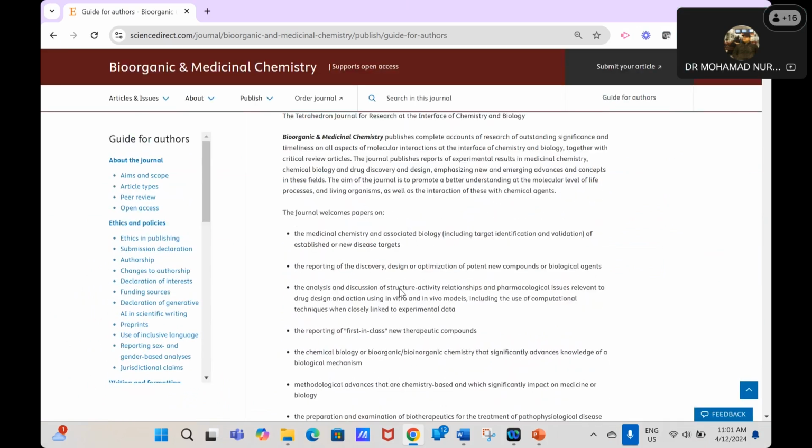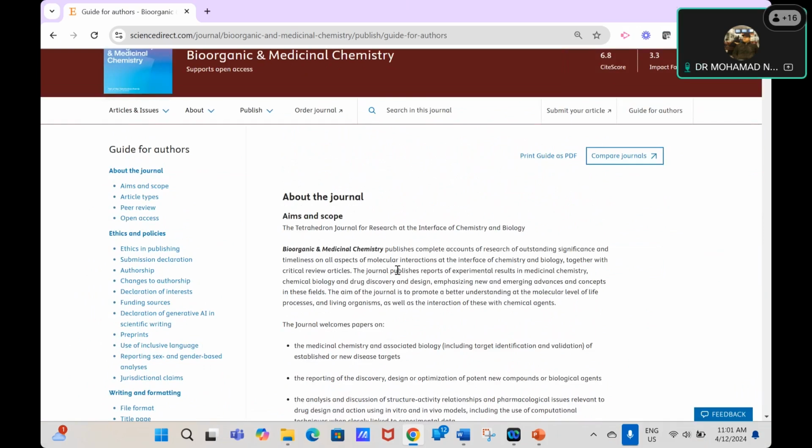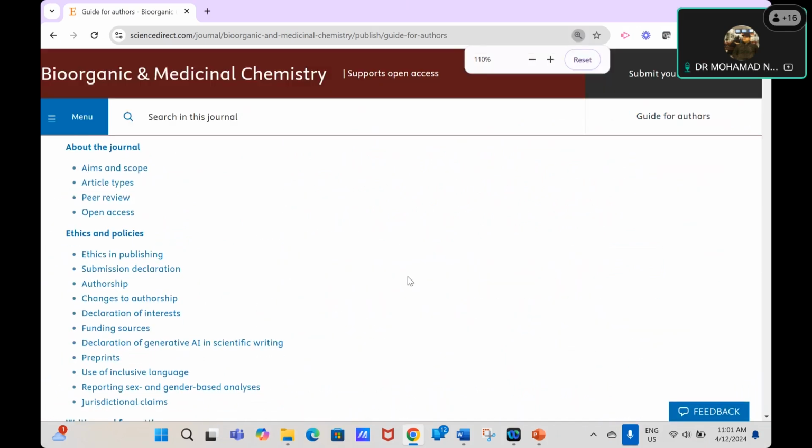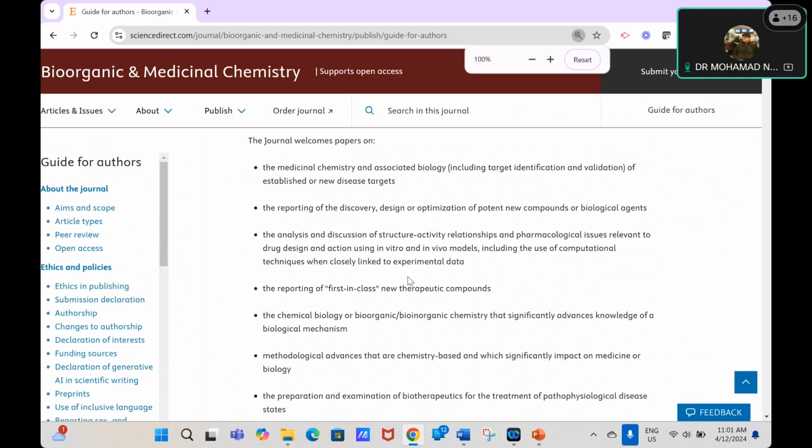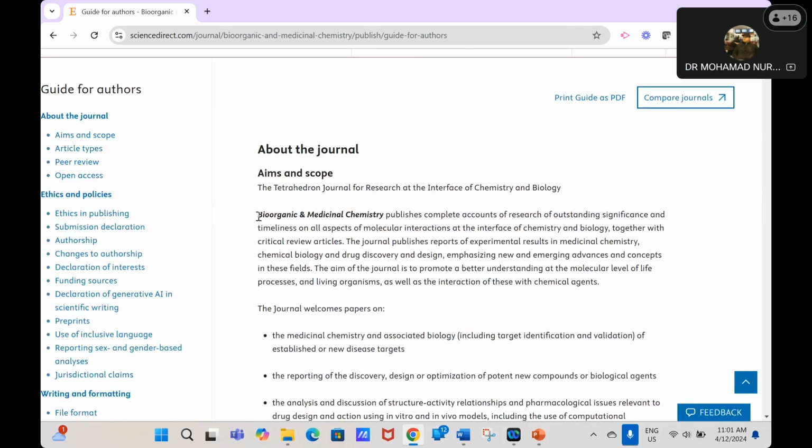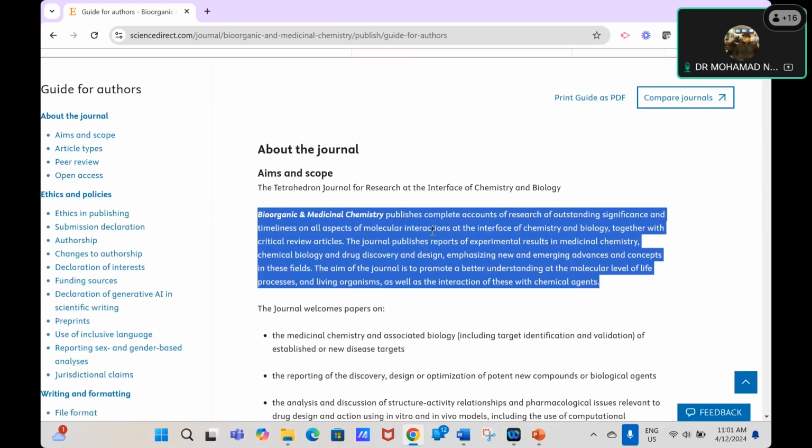Okay, the scope is very important. So please try to read and understand. Okay, Bioorganic and Medicinal Chemistry publishes complete accounts of research on the understanding, significance and timeliness of all aspects of molecular interaction at the interface of chemistry and biology, together with critical reviews.